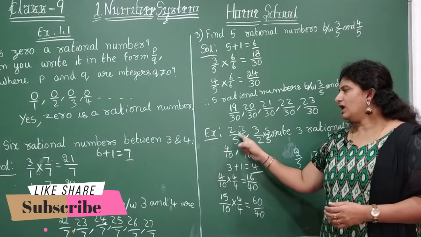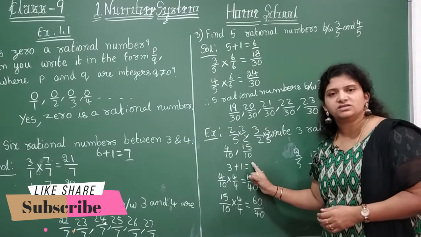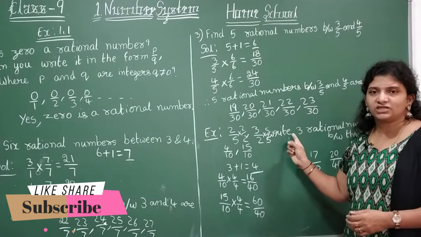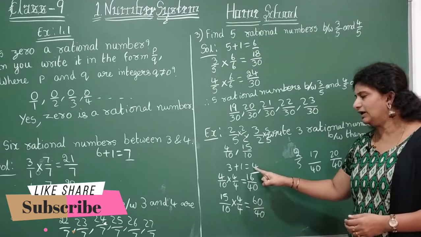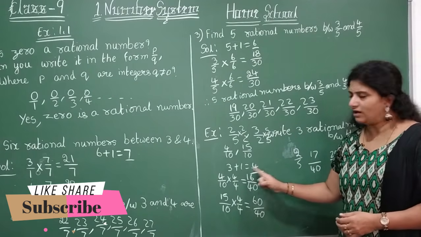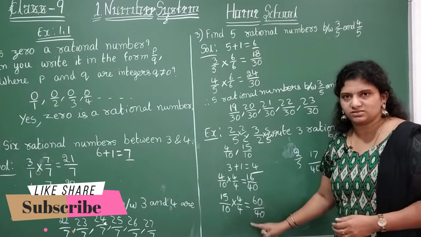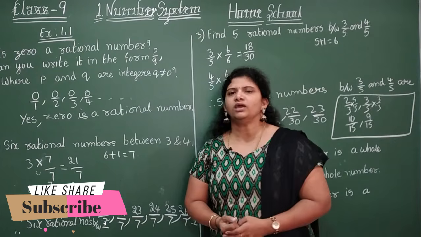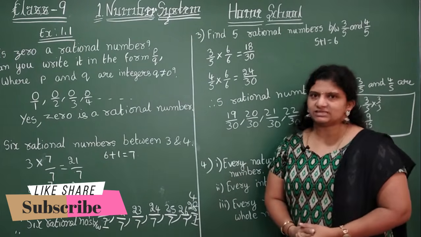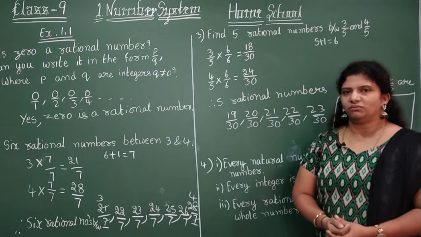Okay, then after making your denominators the same, for the number of rational numbers you need to write, increase one. Okay, now again multiply, same process. There is no change.